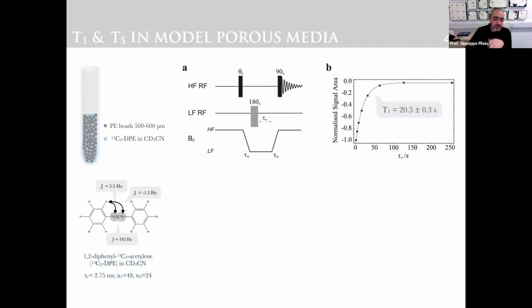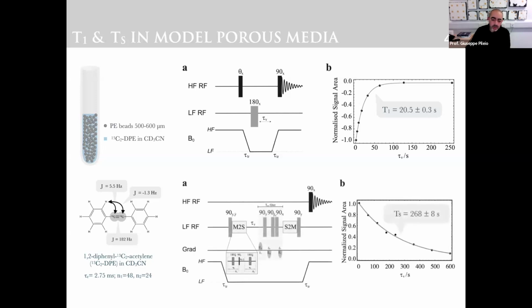In this particular case, we have a molecule trapped into a sample made by beads. We measure the T1 in low field to be 20 seconds. You can also adapt the M2S sequence to work in this two-field regime, and we measure the lifetime of this molecule in the beads in low field, which is about 5 minutes, as you can see in this case.